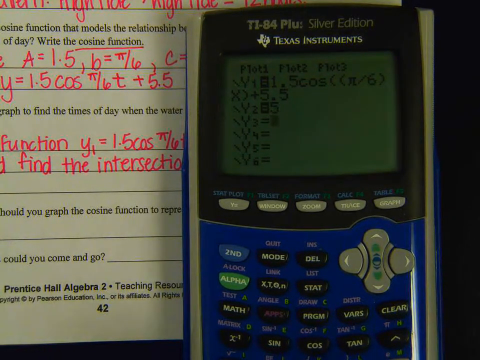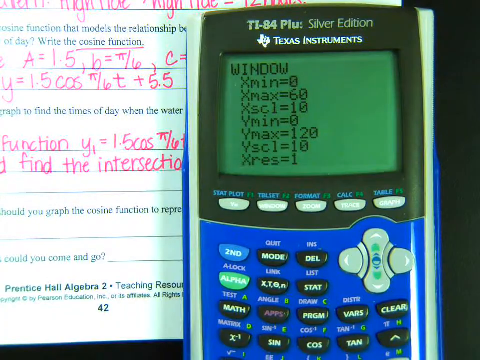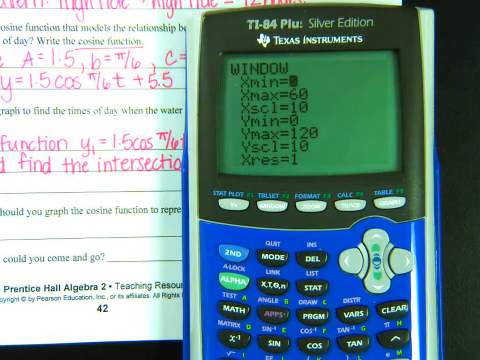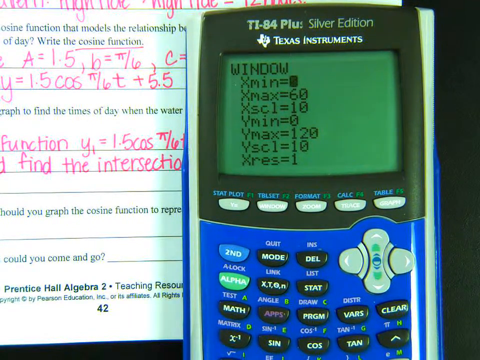What to do for a window. So my suggestion would be, click window. How am I going on the x? Is that height? Is it time? What do you think we would need to have for our time? 12 would be good if we were looking for one.